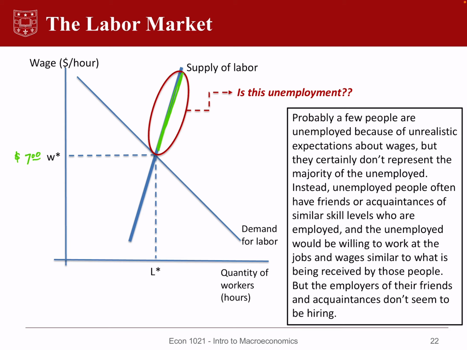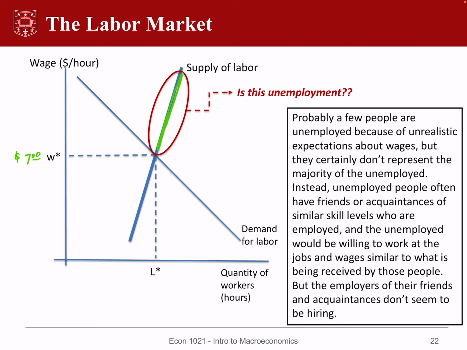If we go to survey related data, what we see is that unemployed people, time and time again, are going to report that they can't quite figure out what's going on because they have friends or acquaintances who have similar skill levels who are employed, and these unemployed people would be willing to work at the jobs and the wages that are similar to those obtained by their friends or acquaintances, but these employers don't seem to be hiring.